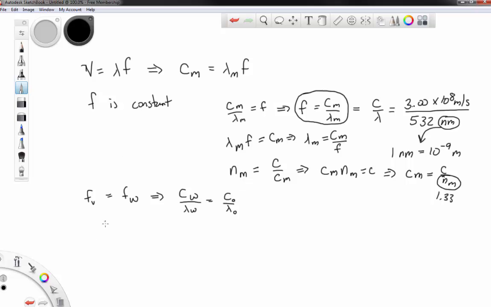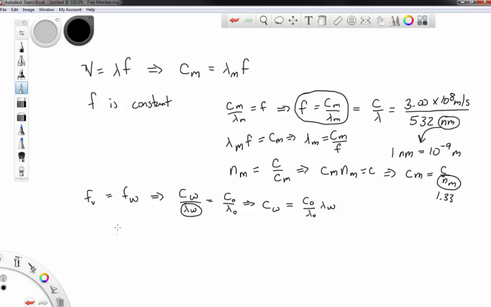Okay, so the thing that we were looking for is what is the wavelength in water going to be? So we've got to rewrite this equation a little bit. We need to multiply both sides by that wavelength in water. So we have c naught over lambda naught times lambda water.